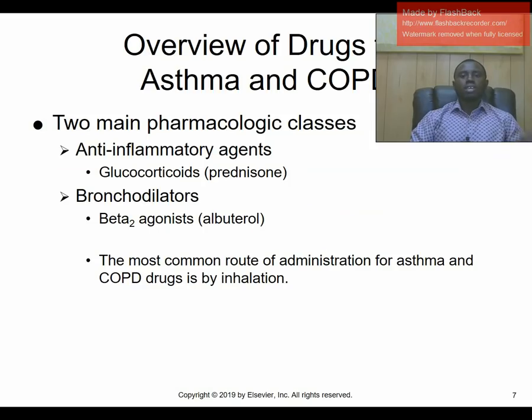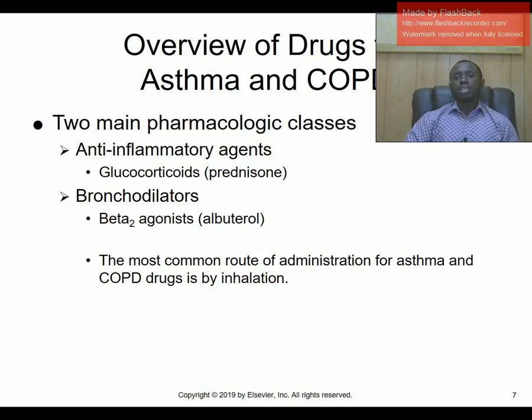Now that we understand the pathophysiology behind asthma and COPD, let us look at some of the classes of medications that are used for their treatment. We know that both asthma and COPD are a result of inflammation and bronchoconstriction, and COPD has chronic bronchitis and emphysema, which are all inflammatory responses to toxins. So let's look at some of the medications.